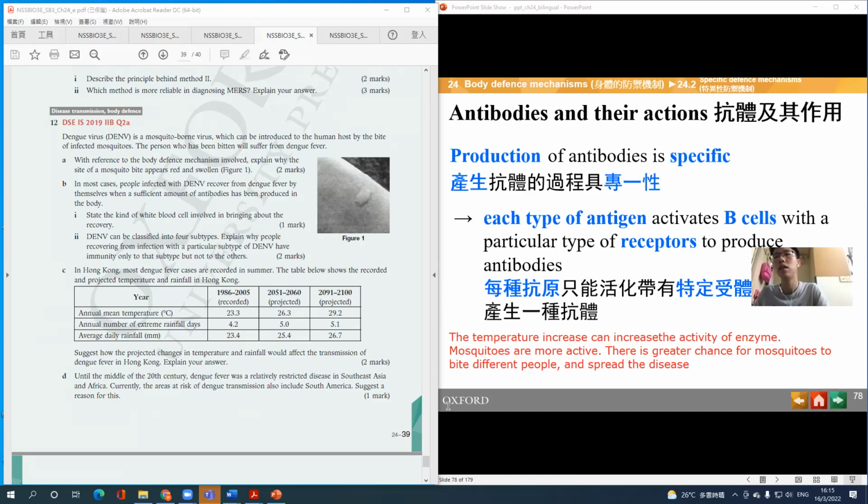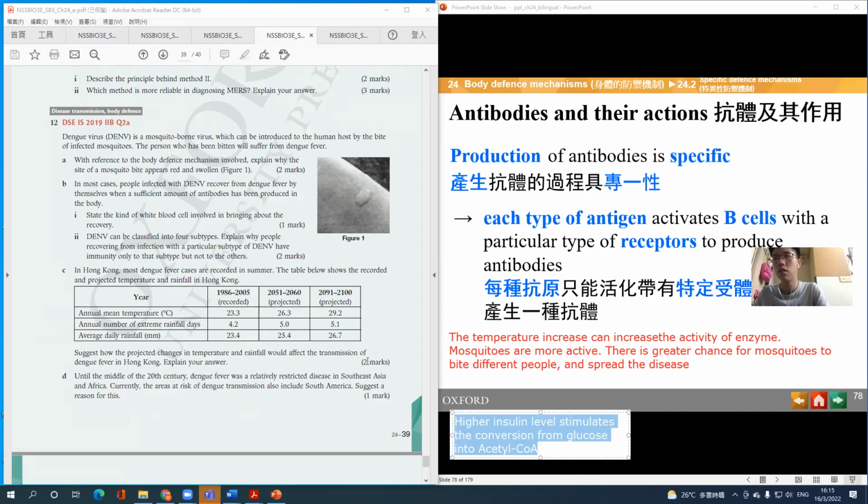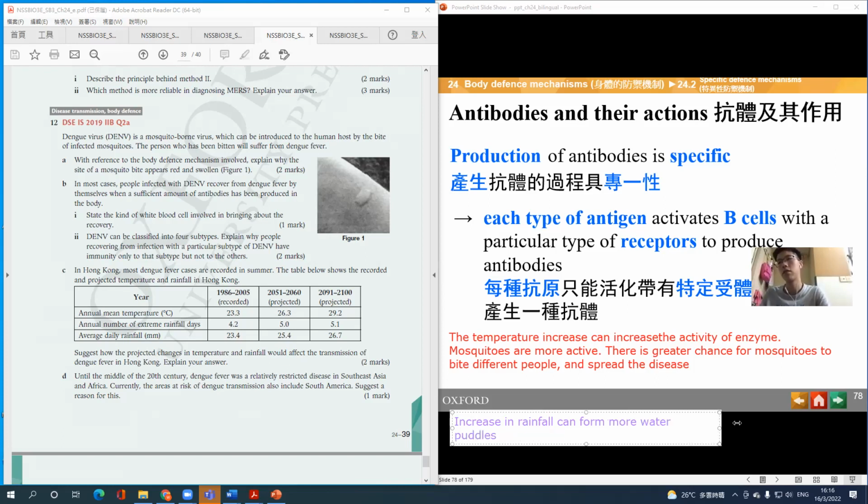Another point, rainfall increase. Increase in rainfall can form more water puddles around, which provides more breeding places for mosquitoes.